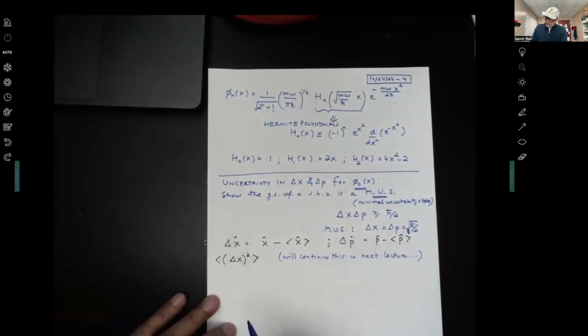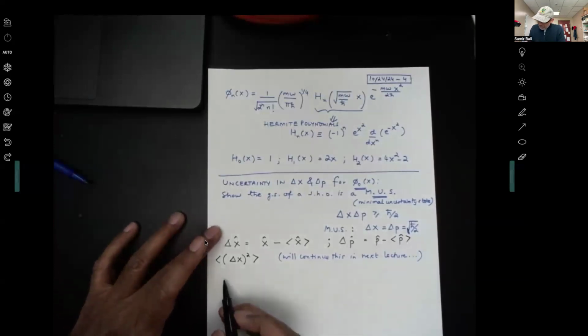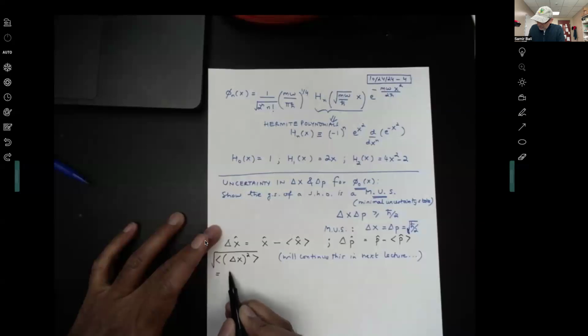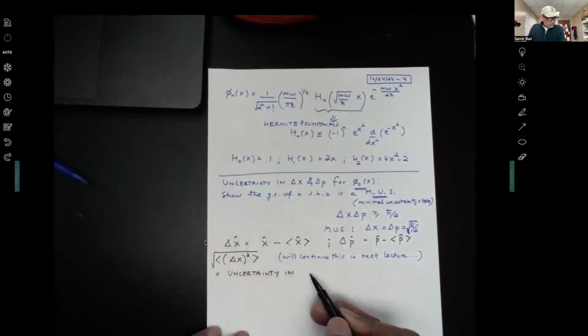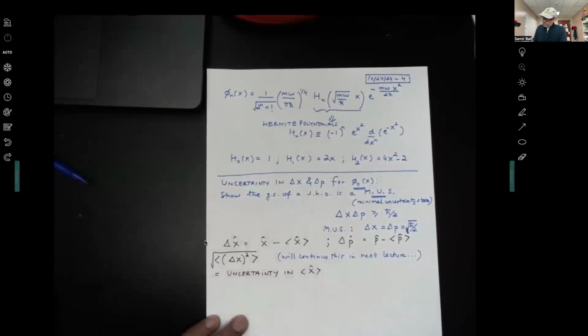The uncertainty in x, how would that be defined? This guy here is equal to the uncertainty in X. Please note that that's the uncertainty in the expectation value of the operator.